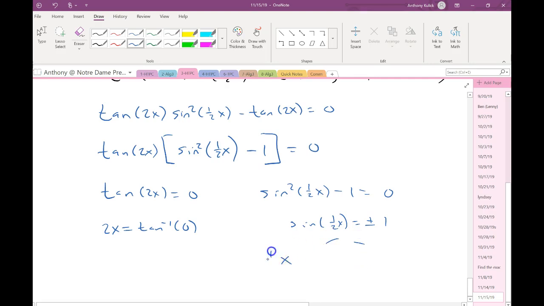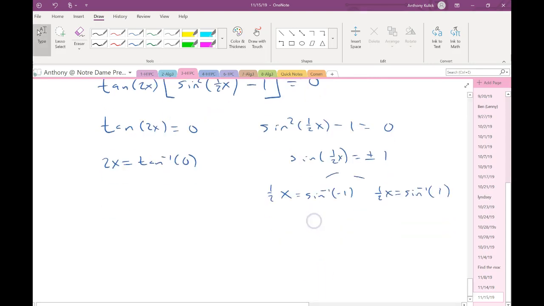So here I'd have 1/2 x equals the sine inverse of -1, and 1/2 x equals the sine inverse of +1. So far, so good? Sam? Sure.